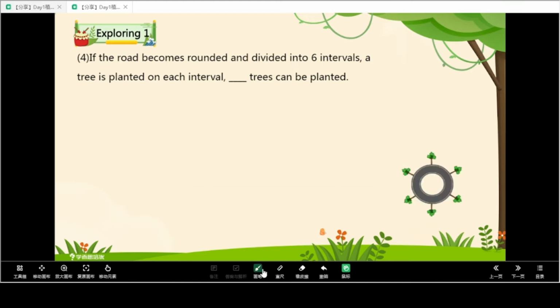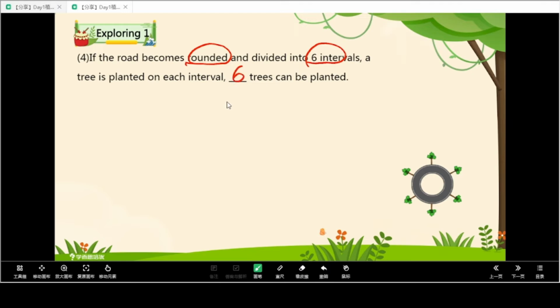How about this one? If a road becomes rounded, it is a rounded road and divided into 6 intervals again, a tree is planted on each interval. So how many trees can be planted? And you can count it from here. How many trees? Yes, obviously it is 6 trees.